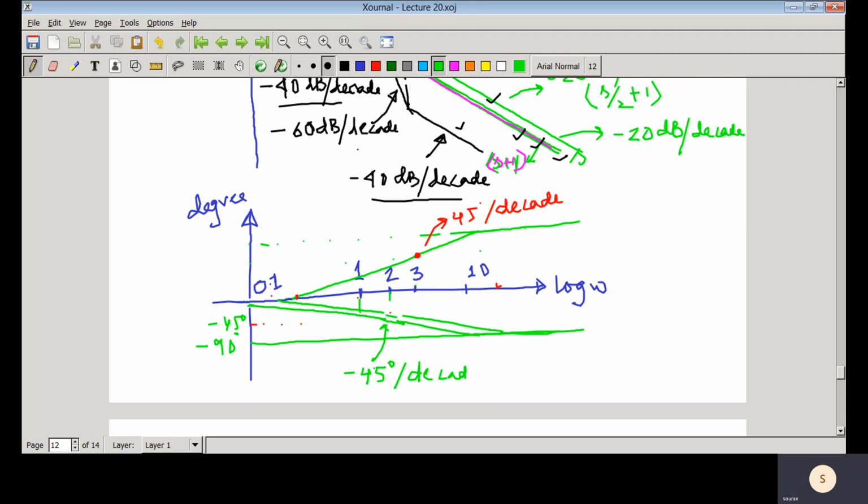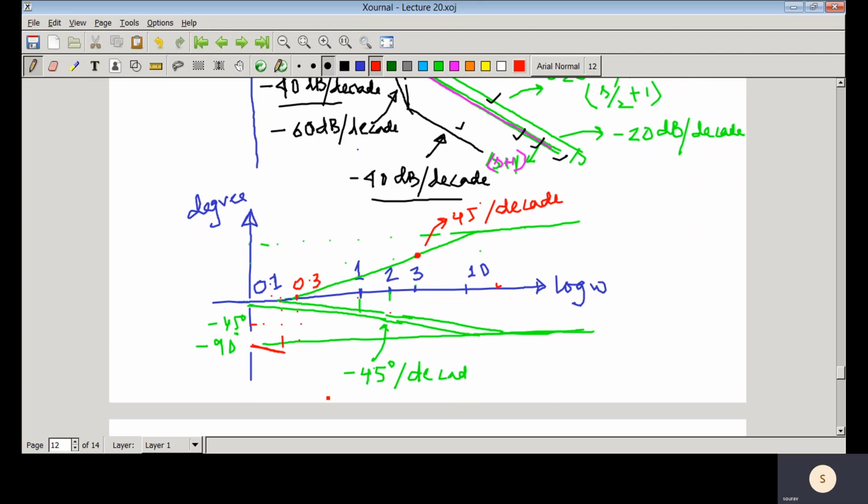So now if we add those things, what will you get? We can see that it starts from 90 degree and up to this there will be a slope, and then from here to here, because here that would be 0.3, 0.3, here that would be 0.3.